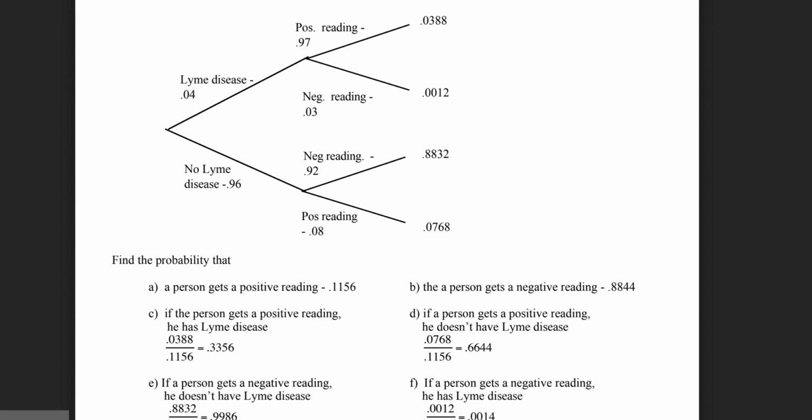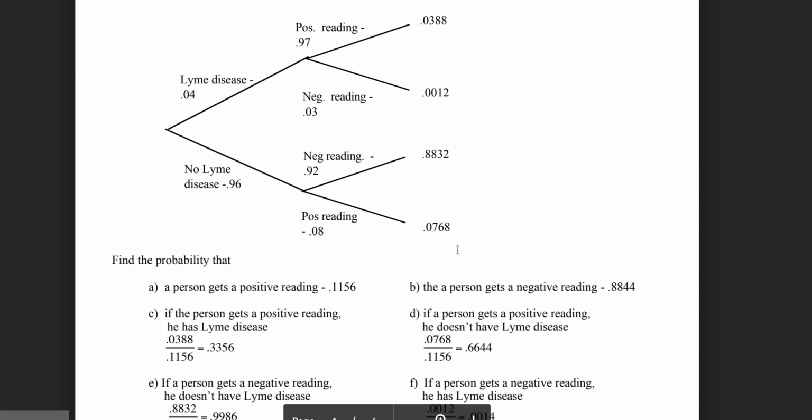So what's the probability a person gets a positive reading? You might think, well, this is the real truth. These are the people who got a positive reading because they really do have Lyme disease. So isn't it 3.8%? Well, no, because these people got positive results as well, even though they didn't have it. So the probability of you getting a positive result is 11.56%, right?